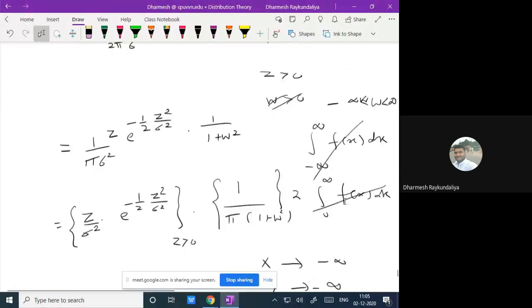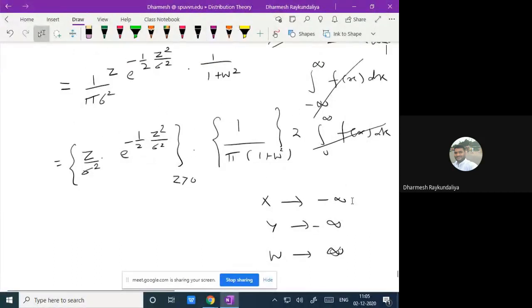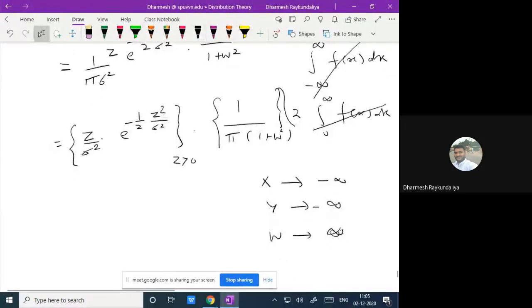Okay, because of that, we have to see all combinations. So if the range of this is nothing but minus infinity to infinity, okay, so what is this distribution?